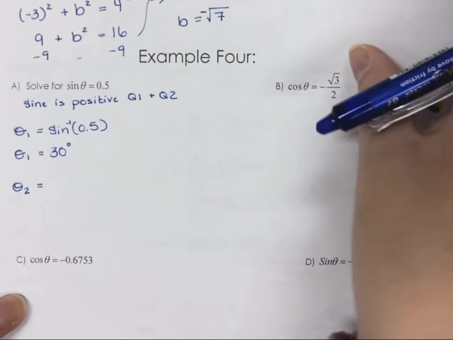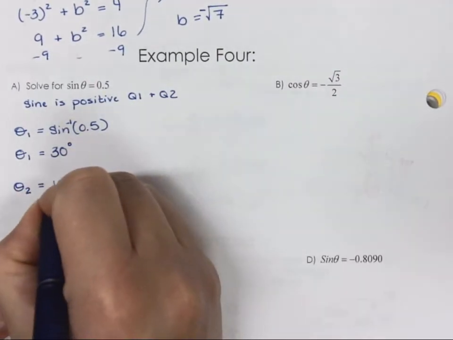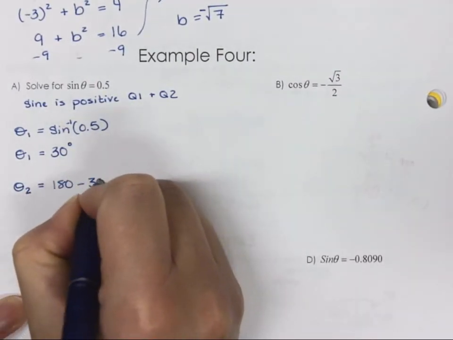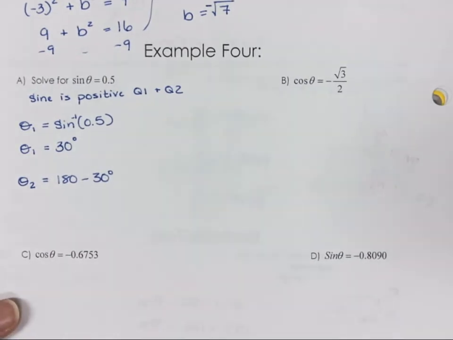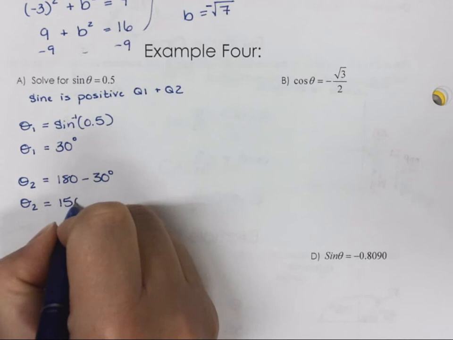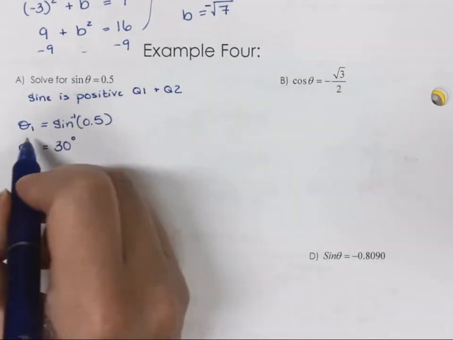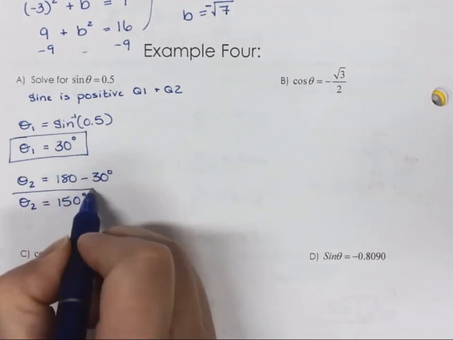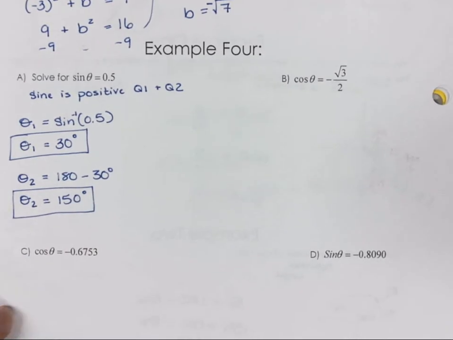What's my reference angle? 30. So quadrant 2 is 180 minus 30 degrees, which is 150. You need both of these answers, ladies and gentlemen, to get full marks.